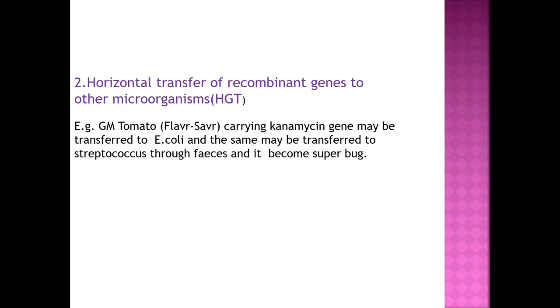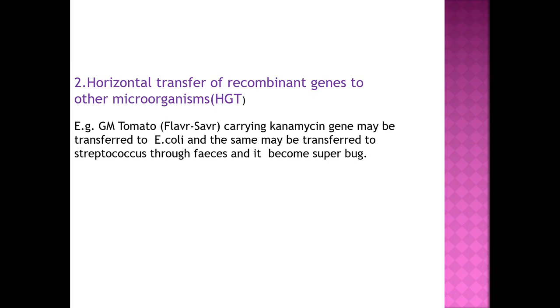So sometimes the DNA of the tomato carrying the kanamycin resistant gene may get transferred into the bacteria. I already said, the flavor saver tomato has which gene? That is the kanamycin resistant gene.